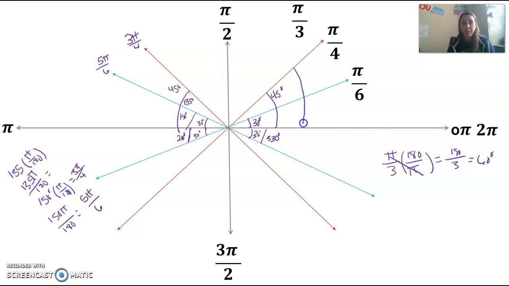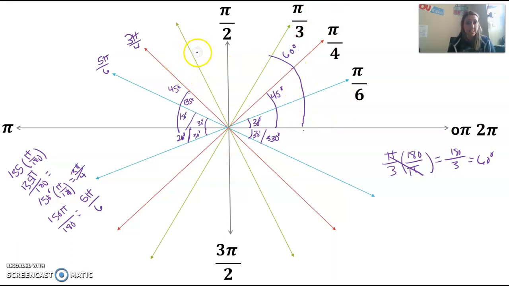So from here to here, oops, didn't draw that wide enough. From here to here is 60 degrees. Then this is going to be 120. So 60 degrees is my reference angle, 120 degrees, and then to find that one, we're going to do the same math.